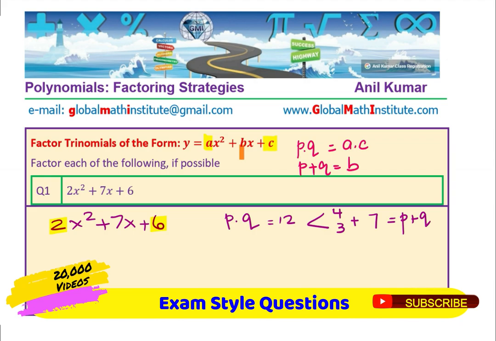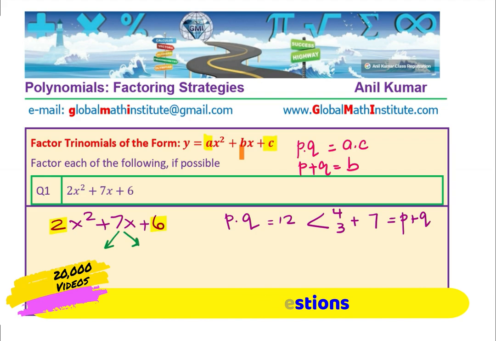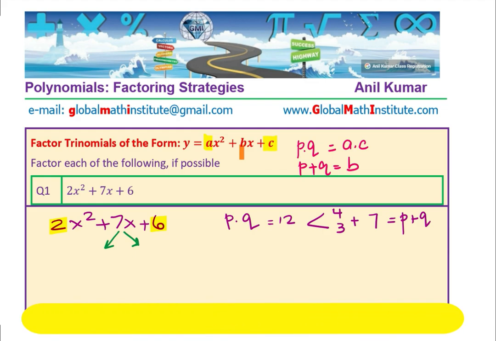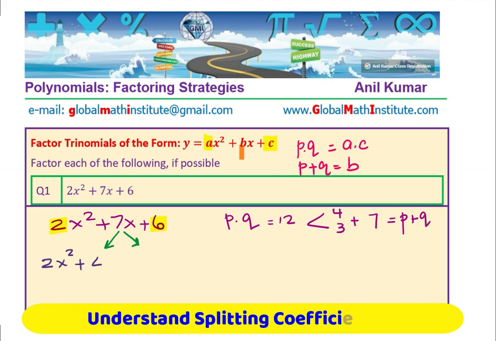So the next step becomes that we need to split the middle term 7x as a combination of 4 and 3, both positive. So what we get here is 2x squared plus 4x plus 3x plus 6. The order of 4x and 3x really doesn't matter.